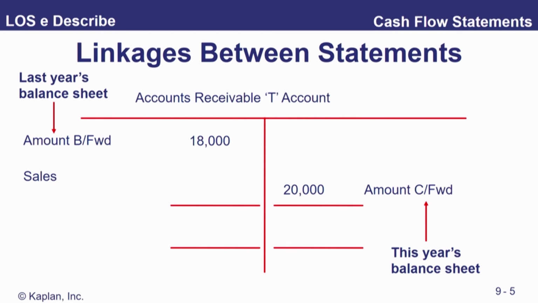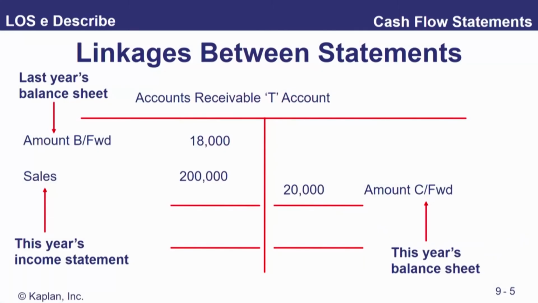Now, if we turn to the income statement, we can see that we made sales of $200,000. Now let's think about it. If we were owed $18,000 at the start of the year, we then made credit sales of $200,000. If we collected no cash, we would have been owed $218,000 at the end of the year. But we're not owed $218,000, we're only owed $20,000.